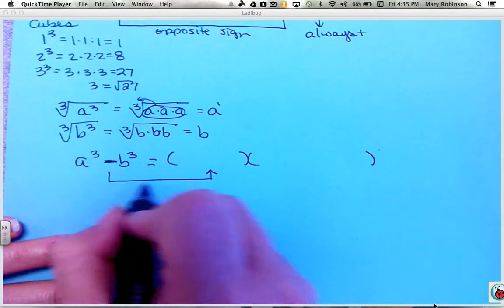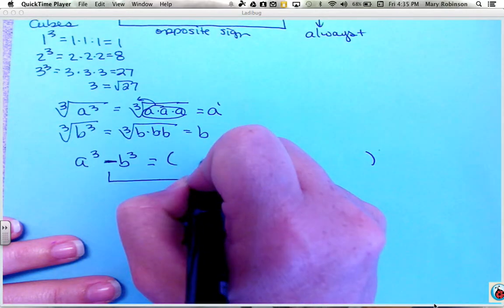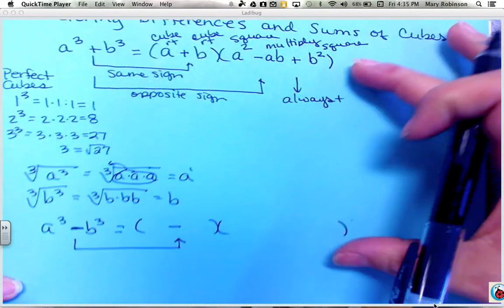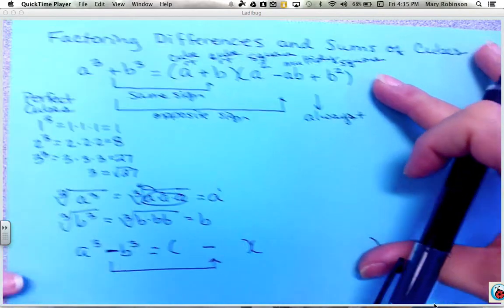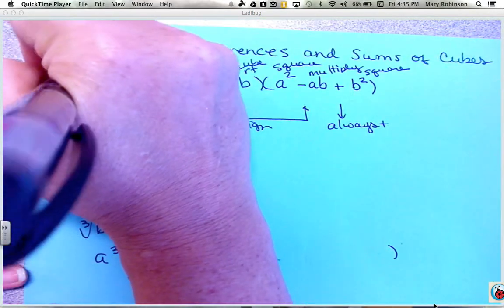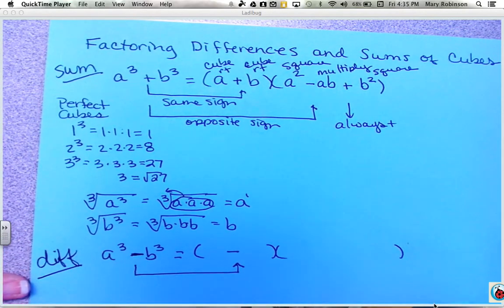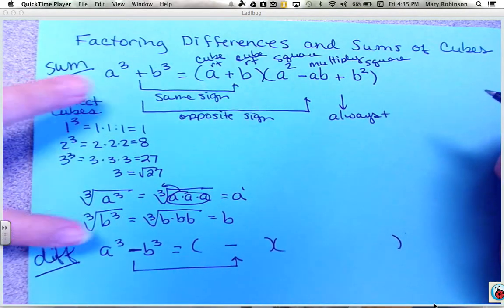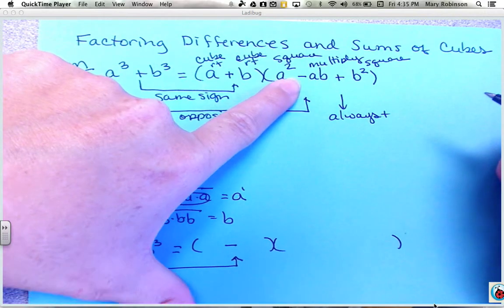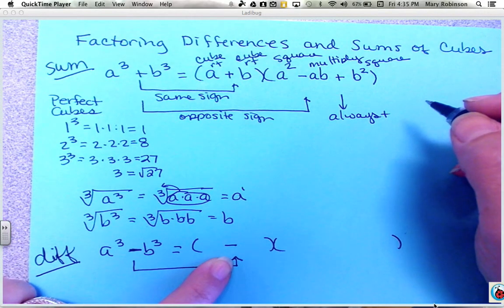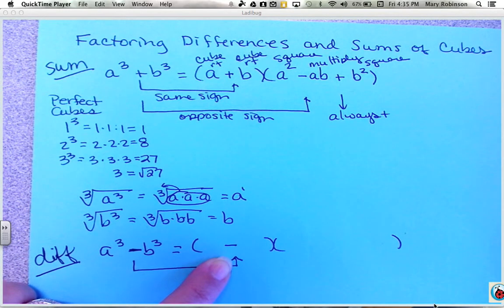So since this is a difference, we'll have a minus here. So one thing I want you to recognize is that for a sum of cubes, this being our sum, this being our difference, you have one minus sign in the factors. Likewise, you will only have one minus sign in the factors for a difference of cubes.